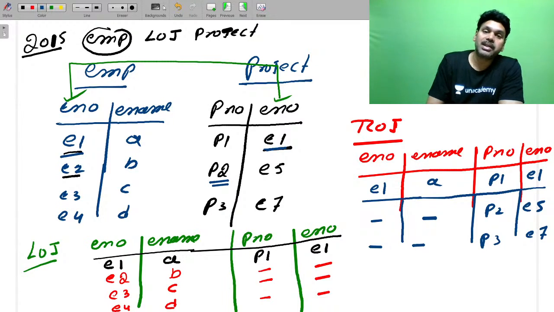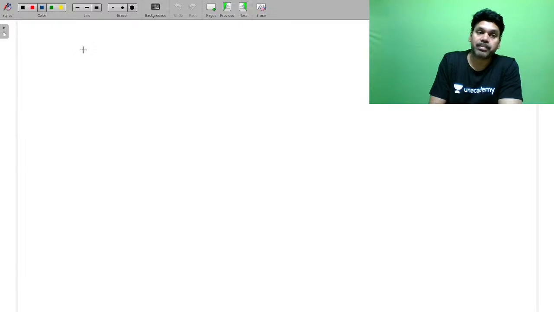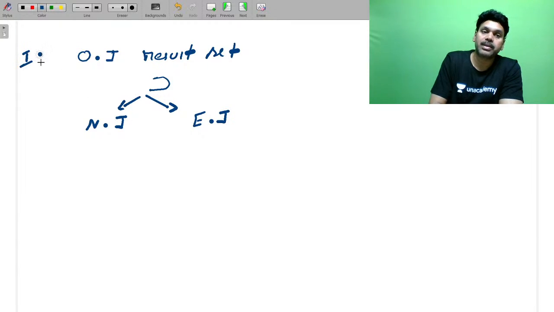Now the last variety is a full outer join. Both sides. I want to tell you one important thing here. When you talk about outer join result set, this is the question he asked. Result set is always greater than equijoin or natural join. This is the first important point.